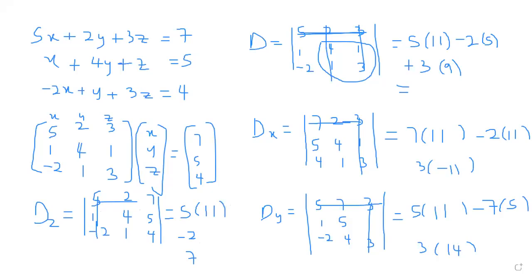Then when we take 2 here, we have 4 times 1, which is 4, minus 10, which is going to be 14.